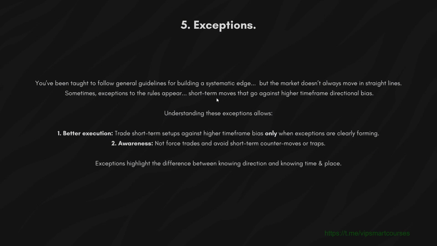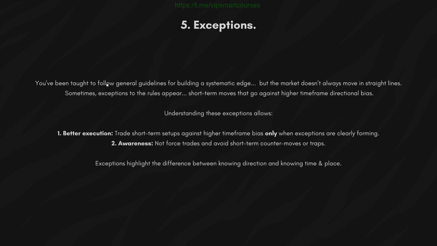Now, a common example of this would be that, let's say, the higher time frame directional bias for the week is bullish. The draw on liquidity on the weekly time frame is higher. And for the past 4 days, price has continued to trade higher from Monday till Thursday.